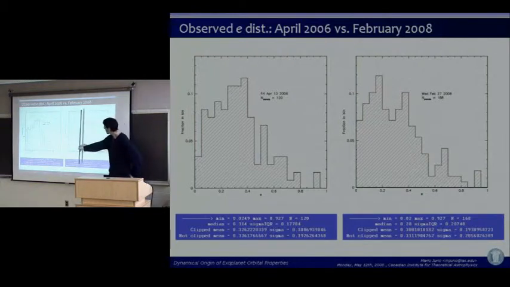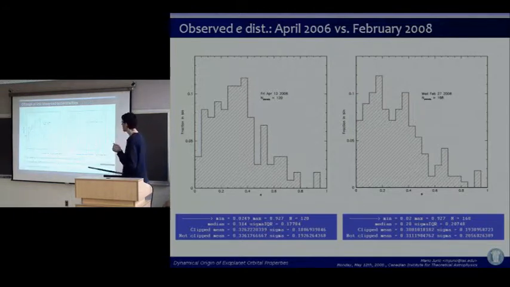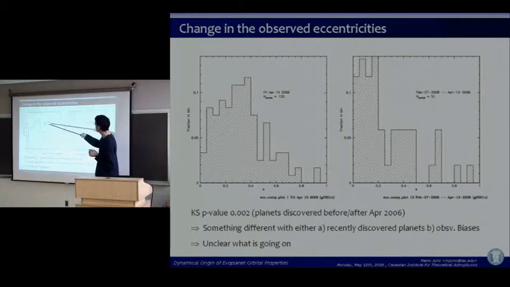Now, note that over here, there's not much change. So at eccentricities greater than 0.2 or so, it's approximately similar. But at low eccentricities, there's this peak that showed up. And if I just plot the planets that were known before April 13, 2007, and it was actually Friday, that was probably a bad date to take this snapshot.